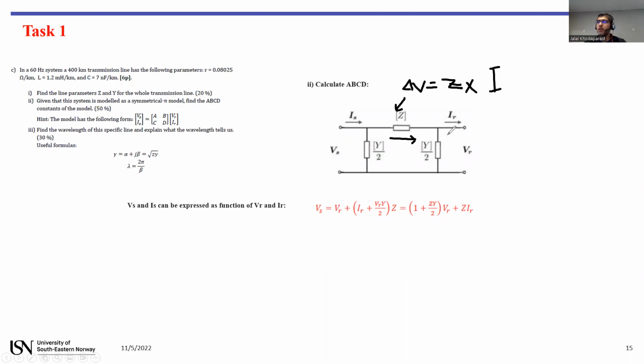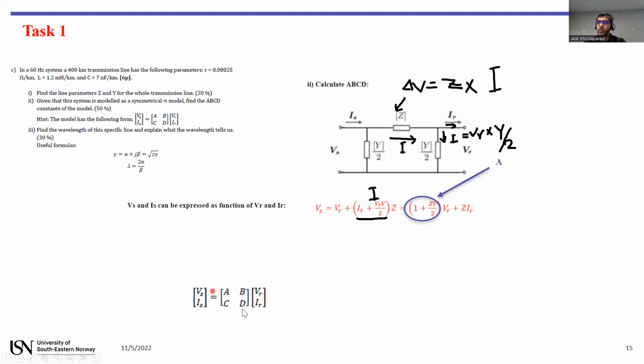And this current will be the sum of this current and this current. That is IR plus this current, and this current will be the voltage VR times the admittance, half of Y. Based on this formula, you can calculate Vs as VR plus the voltage drop over Z.